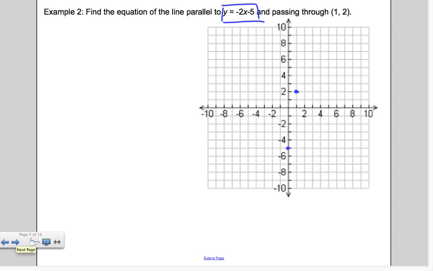Couldn't you do 1, 2? Well, this 1, 2 may or may not pass through this line. We don't know. We just want to know what it's parallel to. So let's just graph this one first. So we got a point. How do we get another point on there? What information are we given?